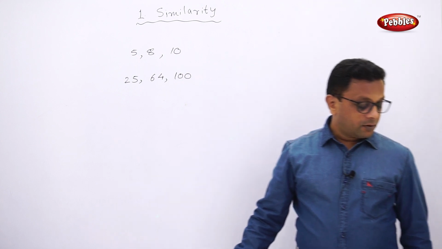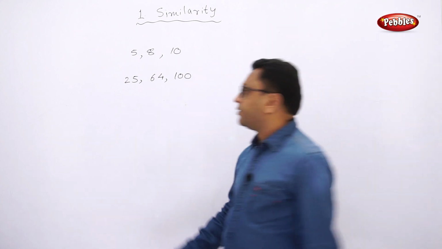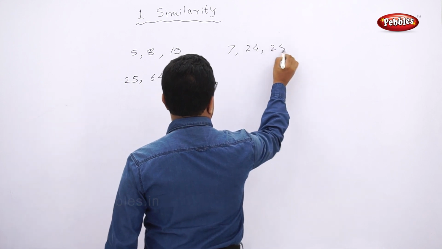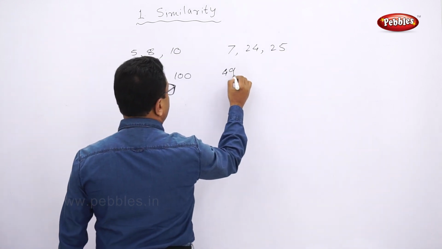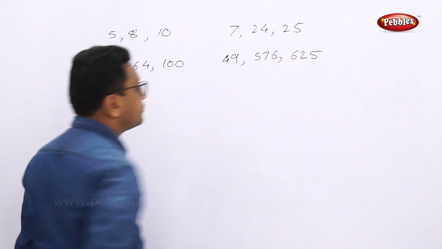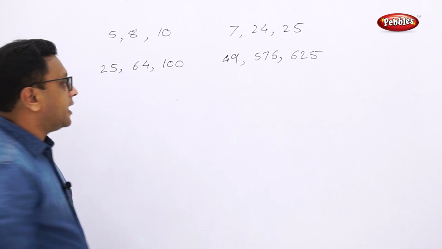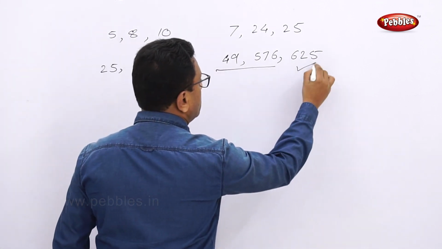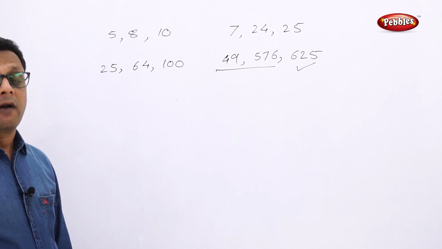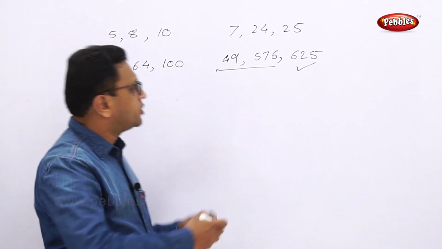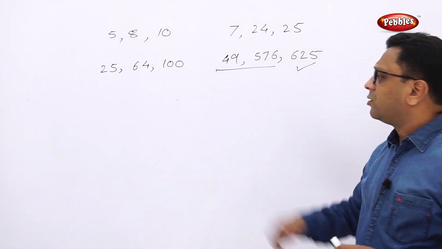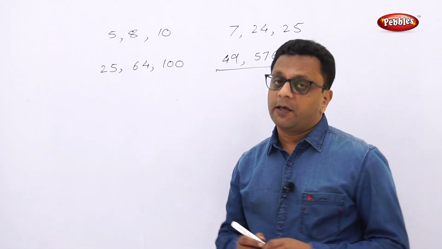Another triplet is given, 7, 24 and 25, that is 49, 576 and 625. And you can easily say that the addition of these two is equal to this. So this forms a right angle triangle. So these kinds of questions may arise, and then you can find out the length of the hypotenuse.